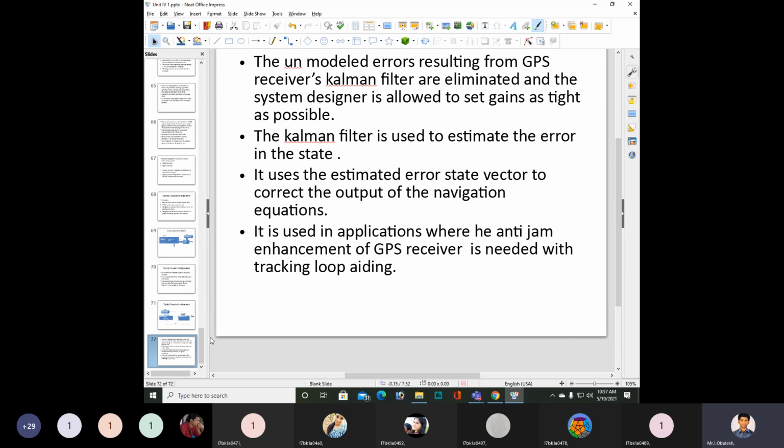It uses the estimated error state vector to correct the output of the navigation equations.